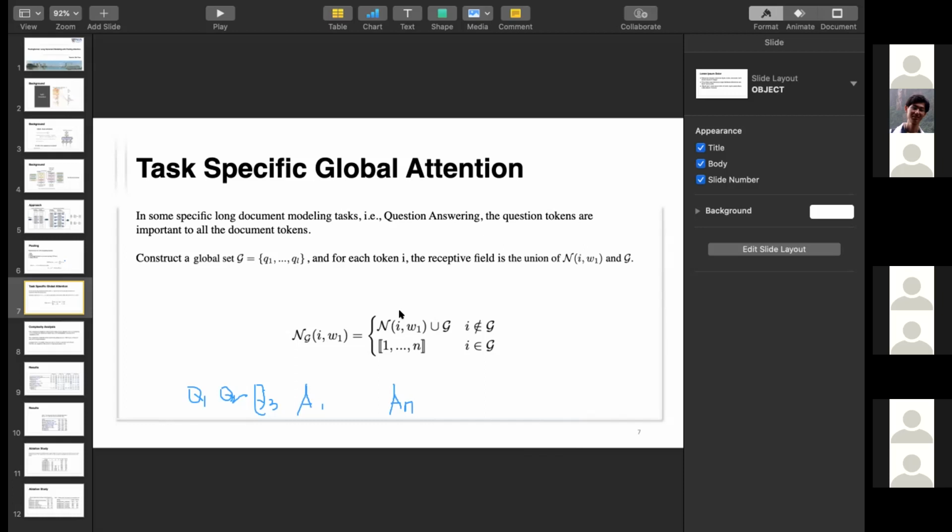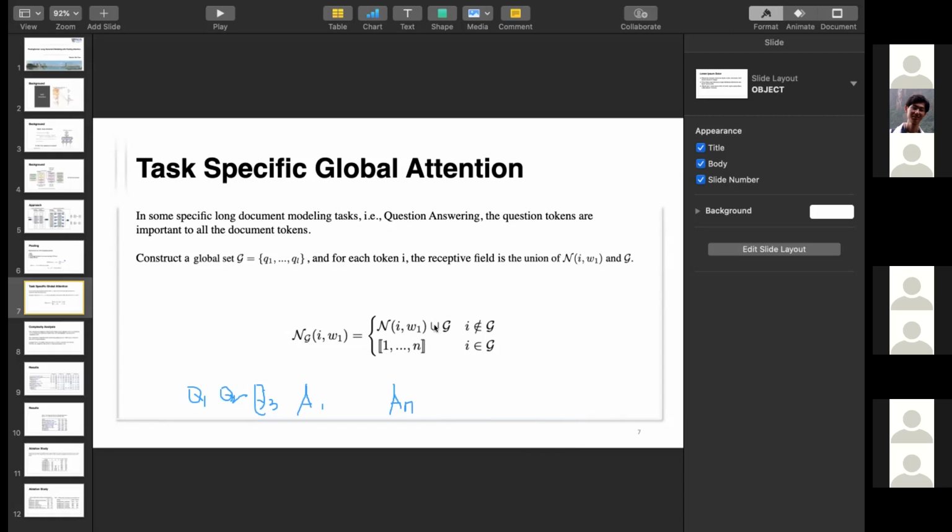Yeah, this N notation is the sliding window of the first level. The I means the I-th token, and W1 is the size of the sliding window of the first level. So this means the range of the first-level sliding window, and it takes the union of that range and G.